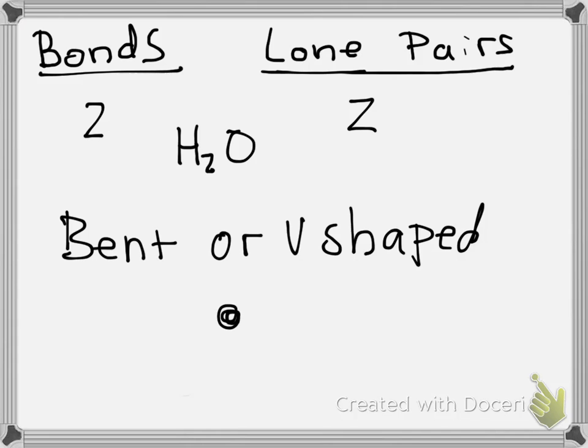Central atom in the middle, and then you got bonds over here, and then you have lone pairs over here. And though this one does look even, it is still polar.